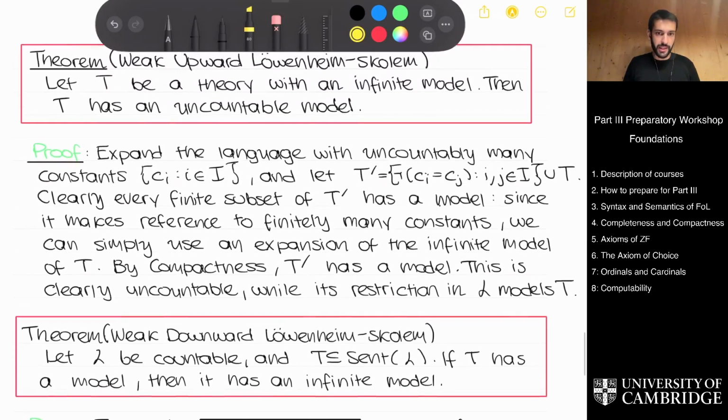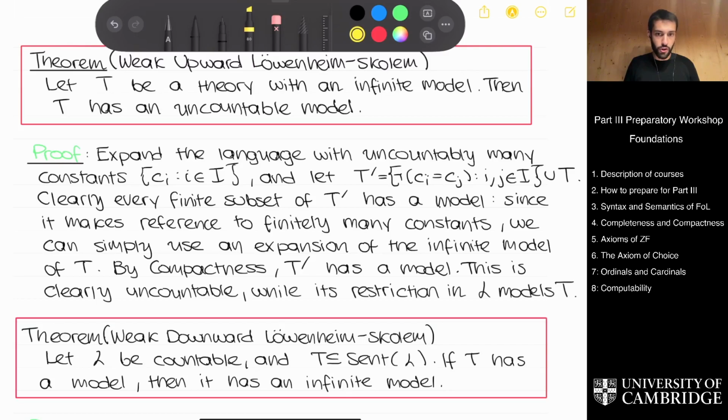Why am I saying larger? Because, say that our constants are indexed by the reals. It could be that the model that we get through compactness, what we know is that its size will be at least as large as the set of reals. It could be even larger. So that's why it's upwards. For every infinite cardinal, we can always find some model that is larger than this cardinal.